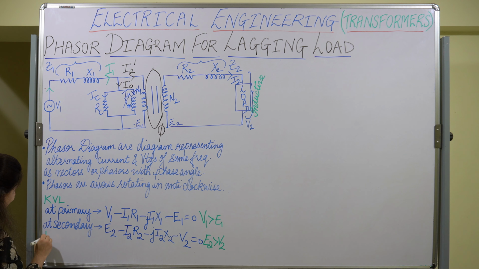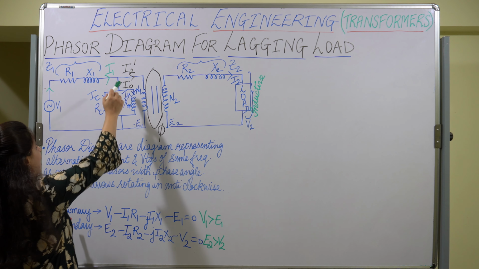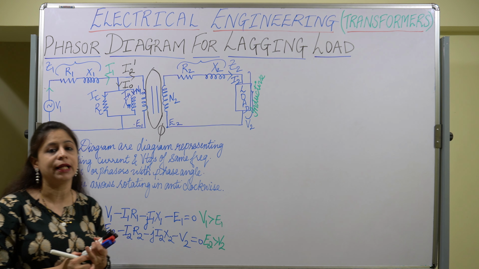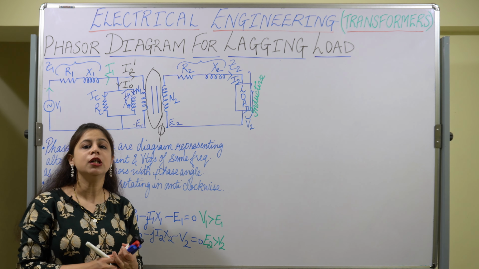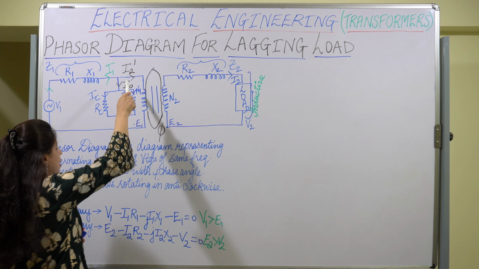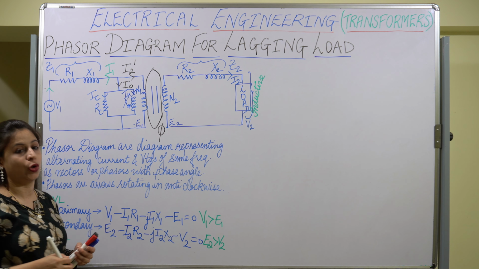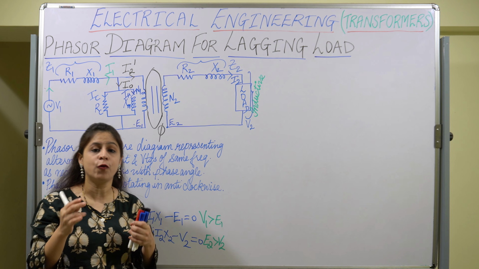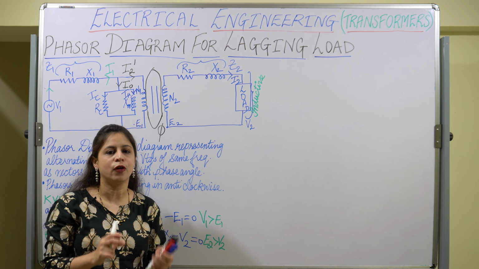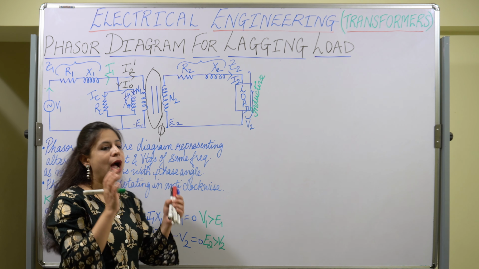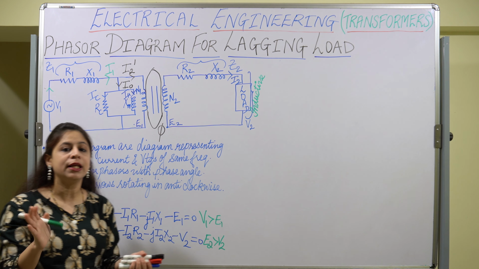Now KCL. Let us apply the KCL. We already know that the primary current is composed of two currents, the no load current I0 and the load component of the primary current, I2 dash. The I2 dash is responsible for nullifying the effect of the flux which was set up by the secondary current, and that flux was weakening the main flux.